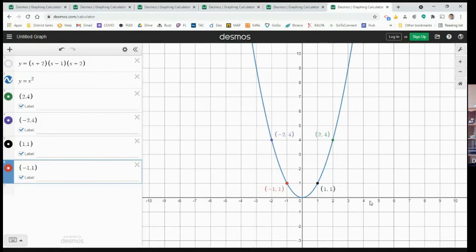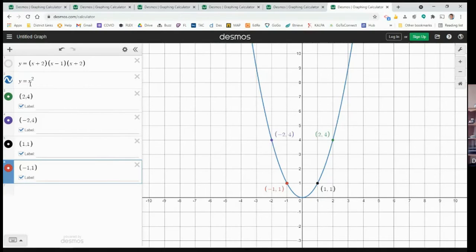So this one would have symmetry with respect to the y-axis, right? Because around the y, whenever there's a point over here that's an x, y, it also has a negative x, y. So this has symmetry with respect to the y-axis.